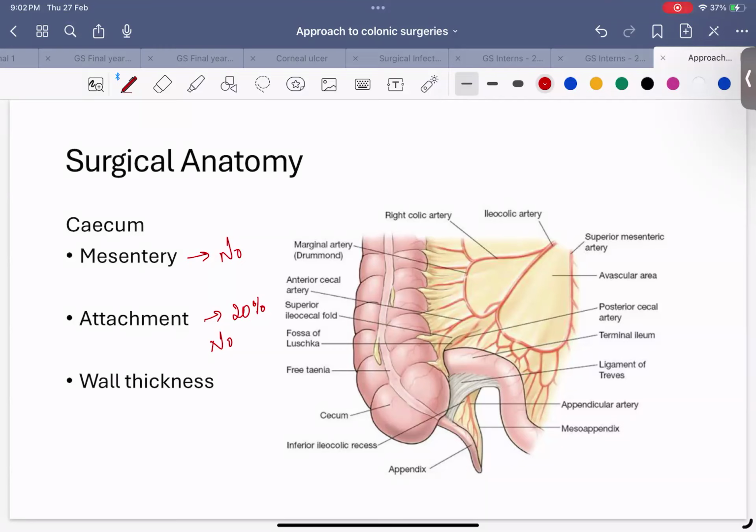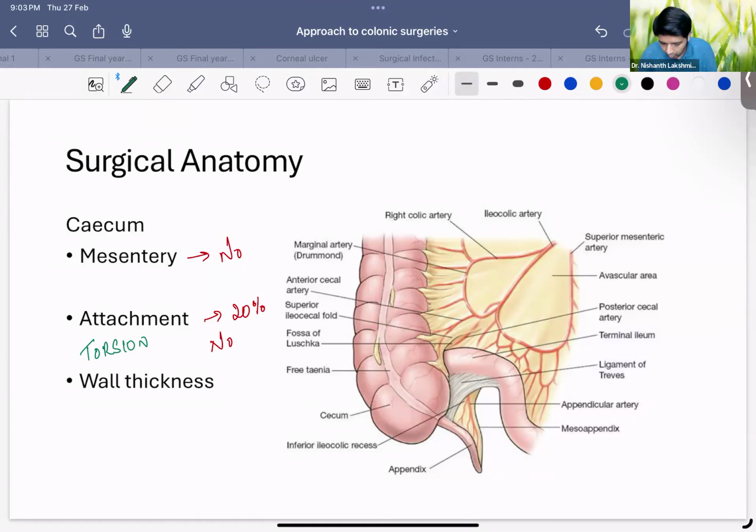More than that, in surgery, what can happen? Now, why is sigmoid colon very famous? Sir, it will become torturous and ischemia will happen. Torsion. Yes. Torsion can happen. All right. So, because if it has no attachment, it's very easy for it to rotate, whereas if it has one fixed structure, it doesn't rotate.